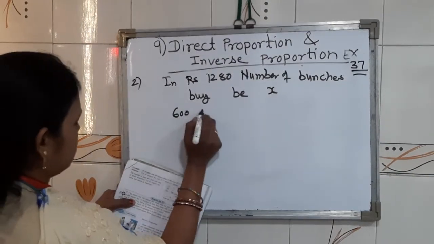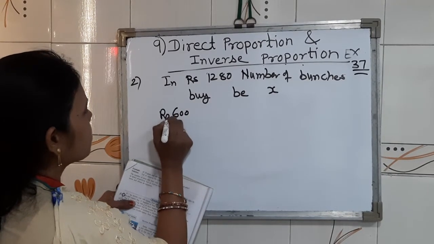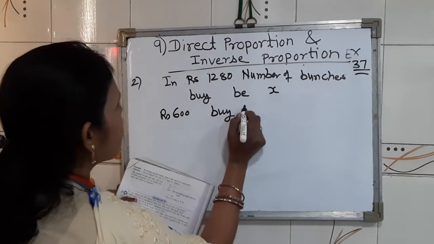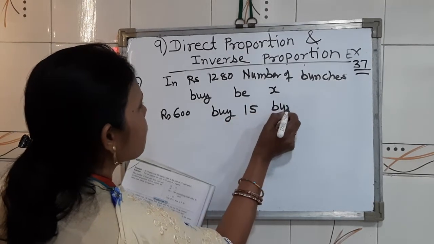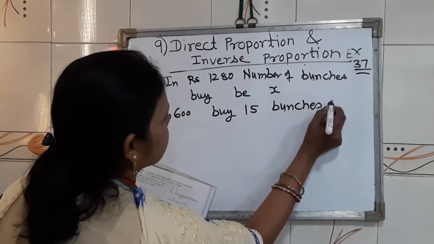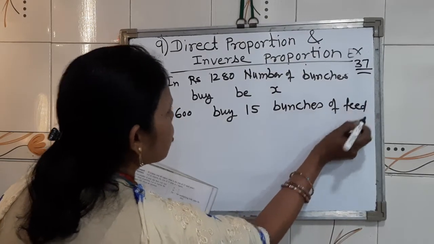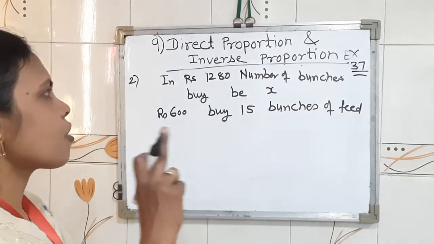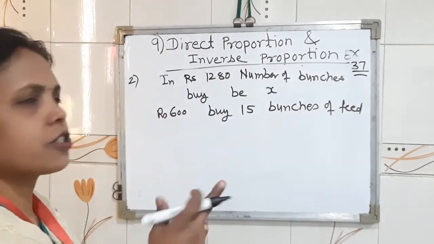Next line, write down 600 rupees by 15 bunches of feed. So children, here there is direct proportion between bunches of feed and the cost of bunches of feed.